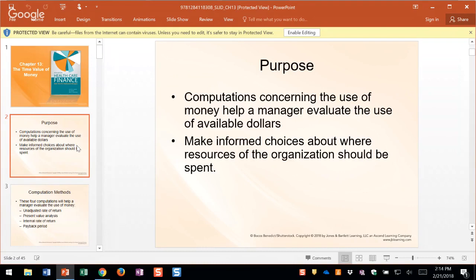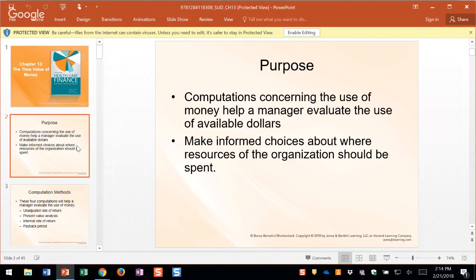We are discussing Chapter 13 today, the time value of money. As a manager, you have many options as to where your resources of the organization should be spent.